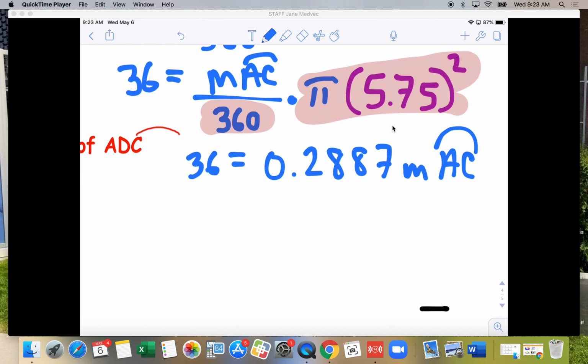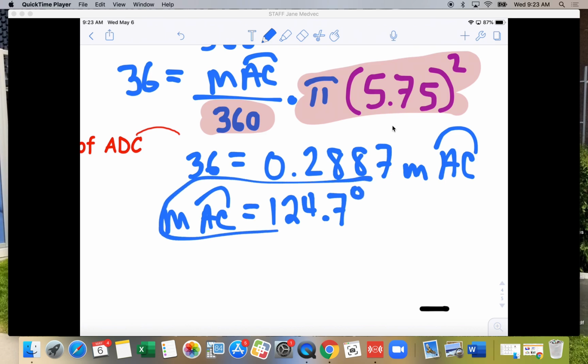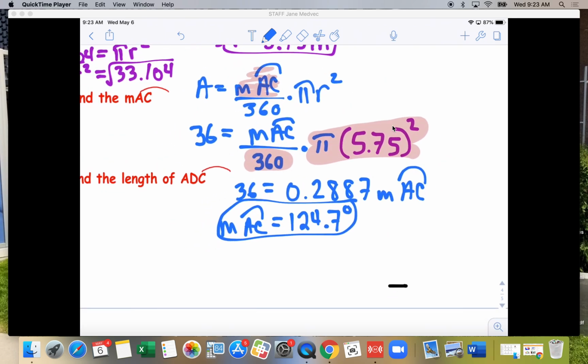Now I divide by 0.2887, and the measure of arc AC ends up giving me 124.7 degrees. And it's degrees because I'm finding the measure of the arc, like the central angle. Again, you want to keep your measures as big as possible. You don't want to be chopping them off when you're trying to find that.